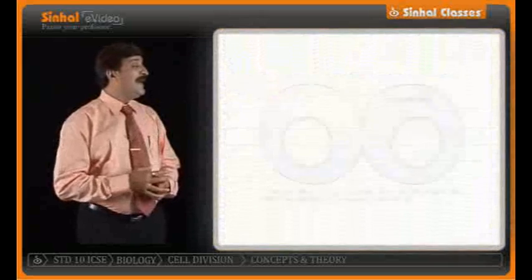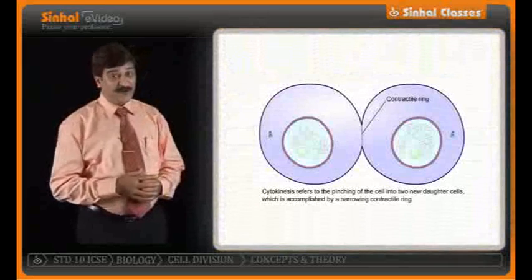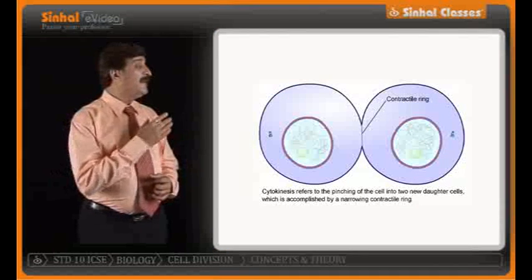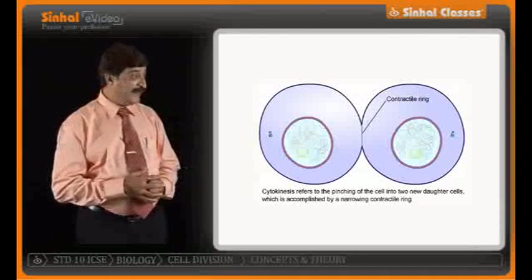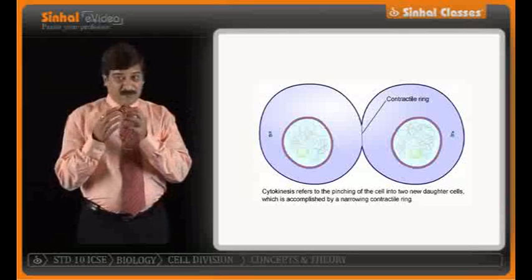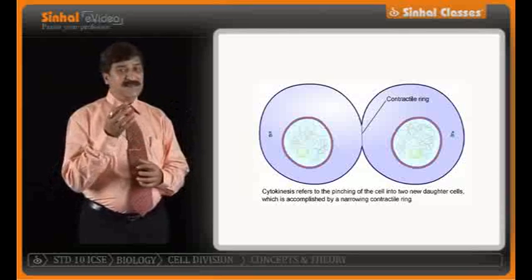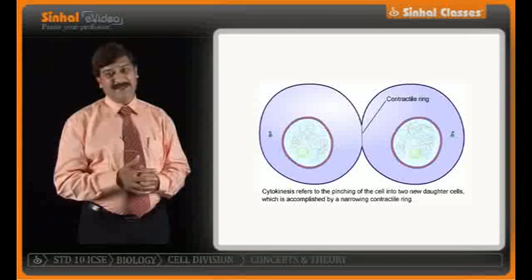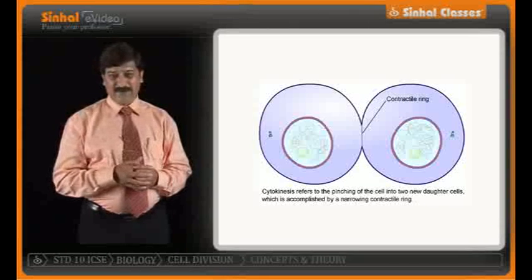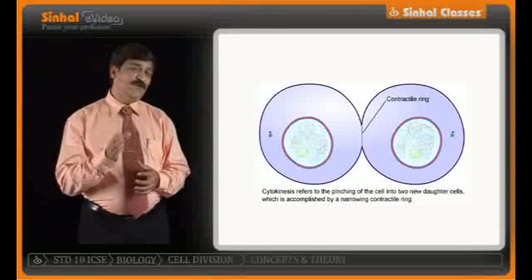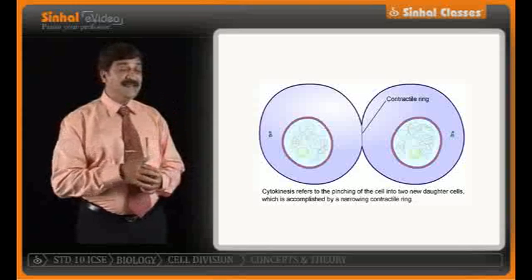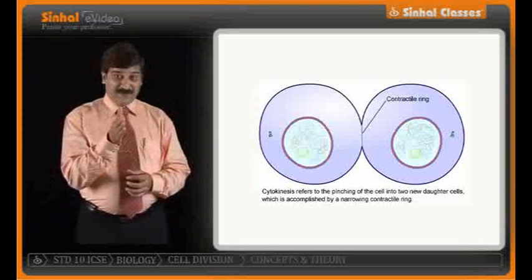You can see that at the end of telophase, a furrow appears in the cell membrane. Whose cell membrane is it? It's the cell membrane of this animal cell which is going to divide. And where is this furrow forming? It is forming exactly in the middle.